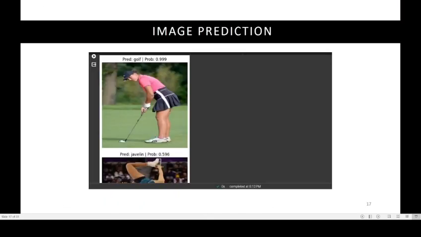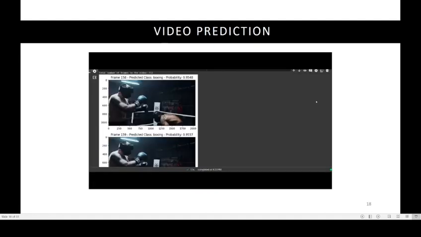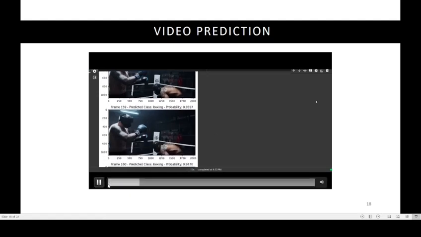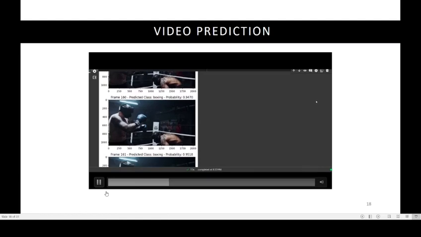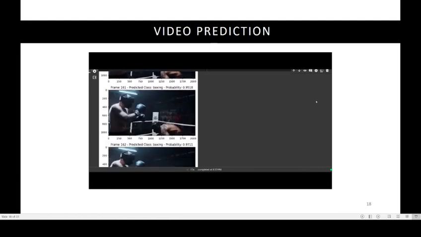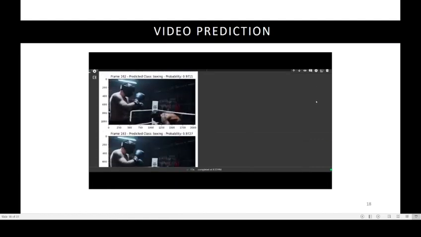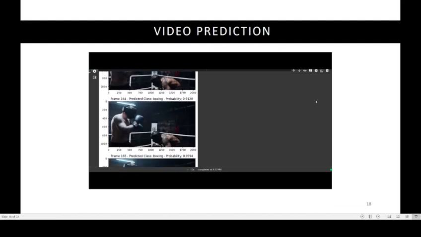These are the results for our model image prediction. Predicted class golf, and the probability is 0.999 or 99%. This is video prediction for our presentation. Predicting the video, predicted class boxing with probability of 0.95 or 97%, 92%, and so on.